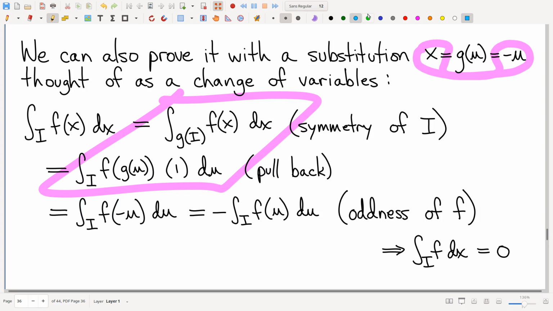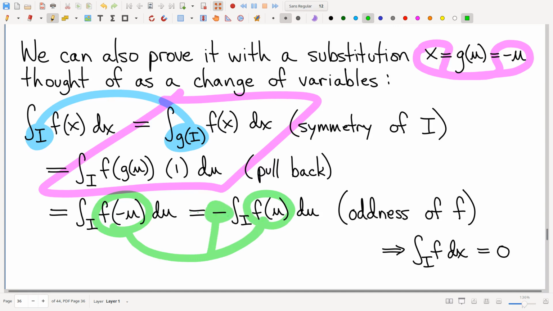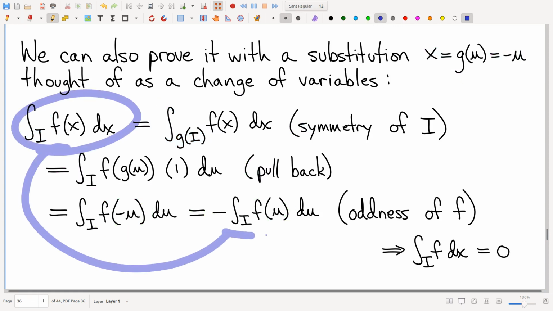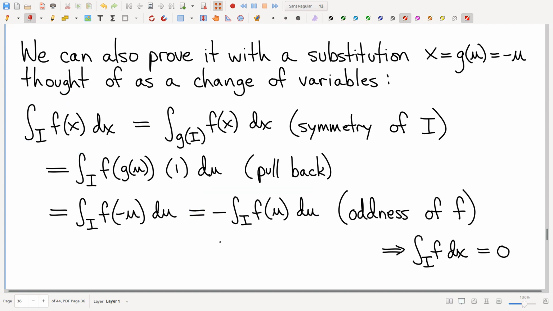Combined with the fact that our interval is its own reflection, because it's symmetric, and combined with the fact that the function is odd, and therefore that minus sign, the nice little punchline is that this integral is equal to the negative of itself. And what value could that possibly be that is its own negative? Well, only 0. And so that's how we know that this theorem is true.